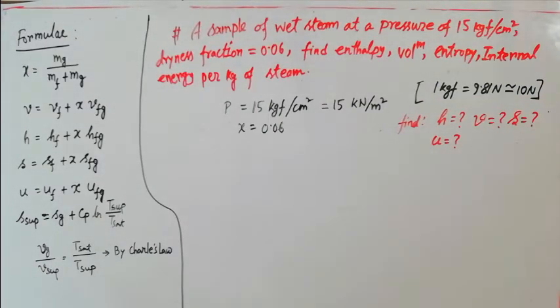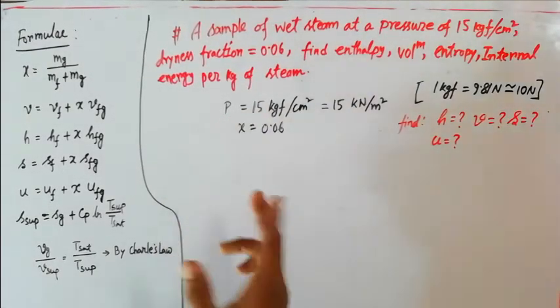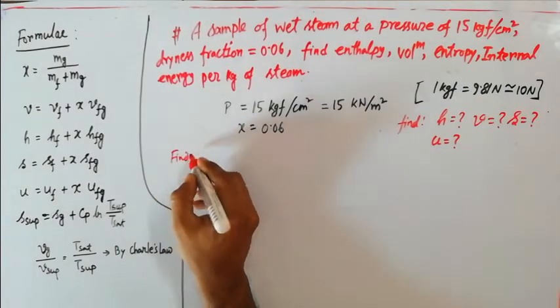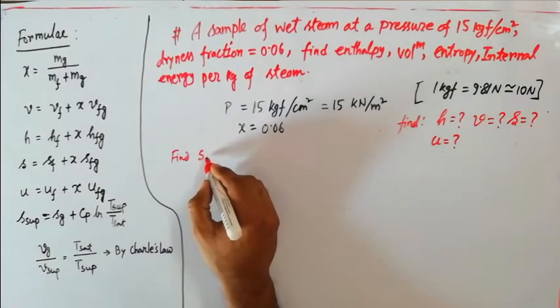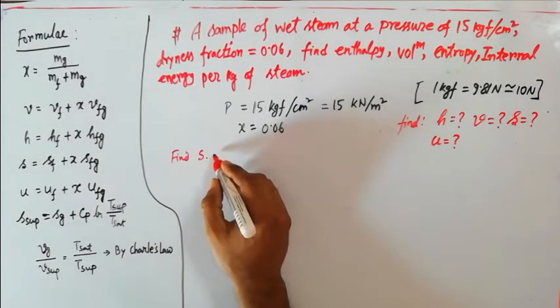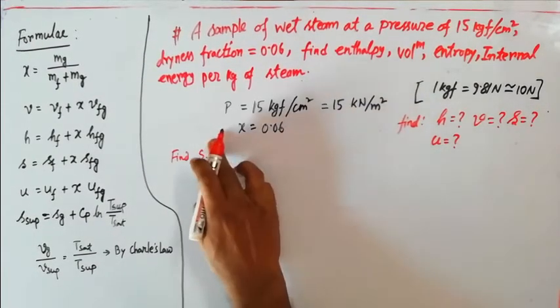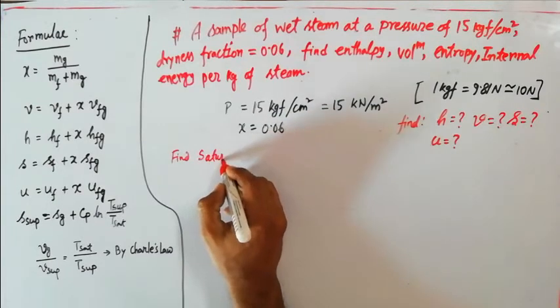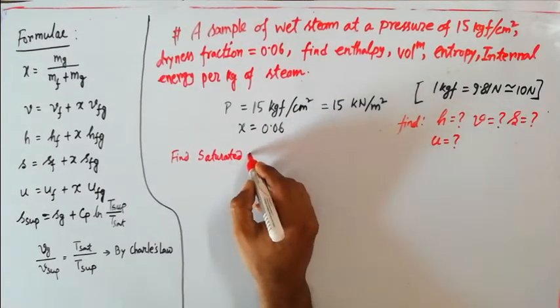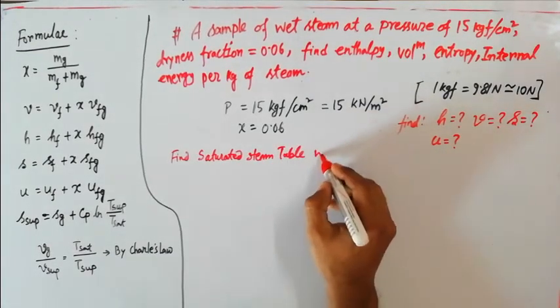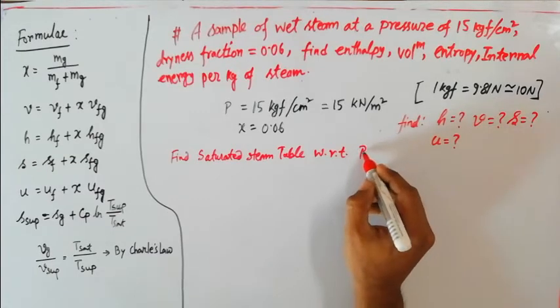So you have to find the saturated steam table with respect to pressure, because pressure information is given to you. So find the saturated steam table with respect to pressure.